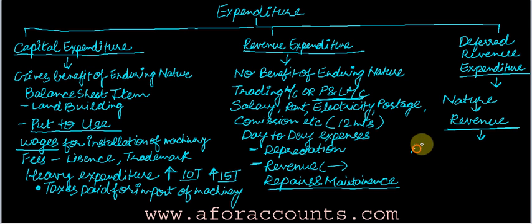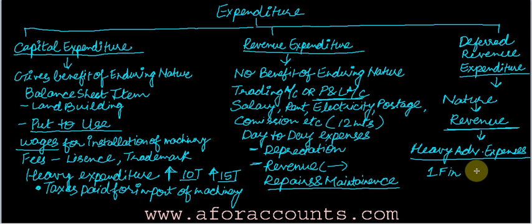I will give you an example. Heavy advertisement expenses. I incurred heavy advertisement expenses on my product. Now my sales will increase due to these heavy advertisement expenses, not only for the current financial year, but also for the coming financial years.